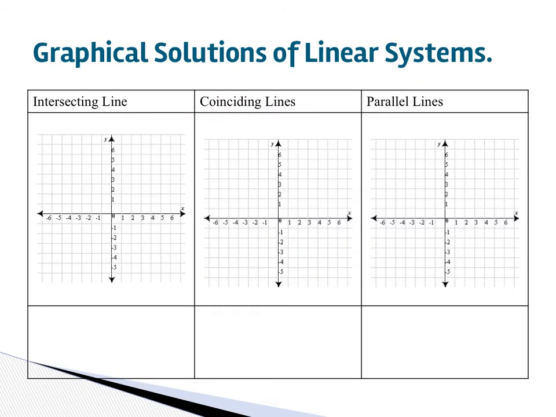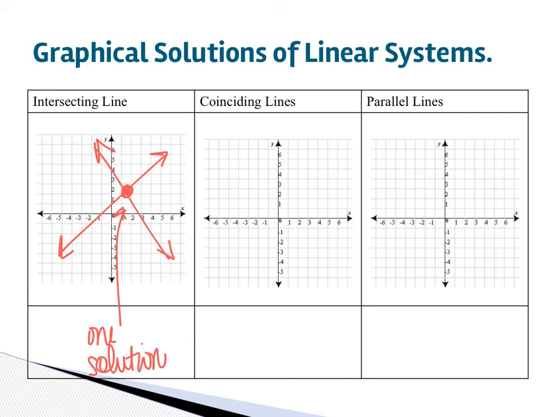Alright, so intersecting lines look like this, and you get one solution, and it's where they cross. That's going to be a consistent independent system.